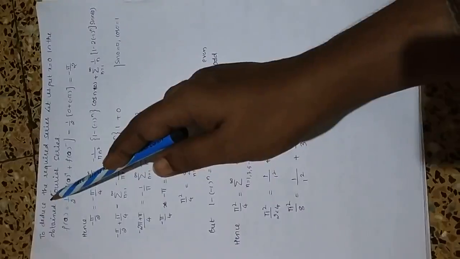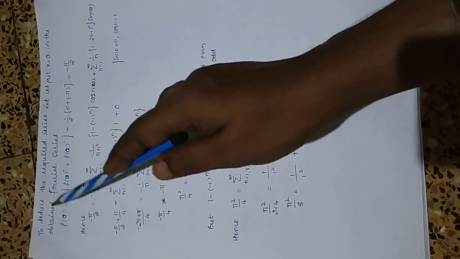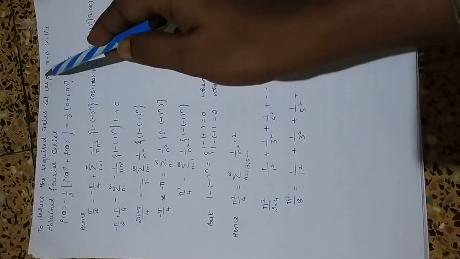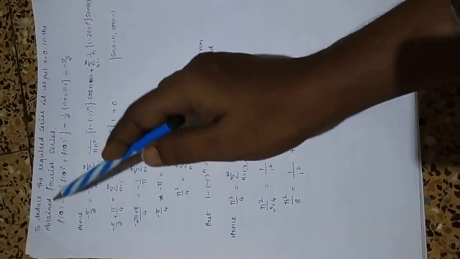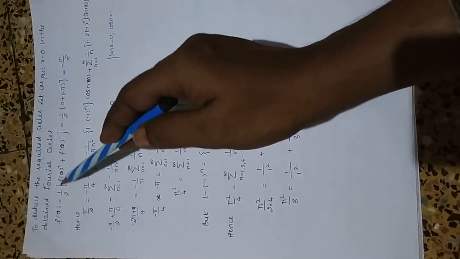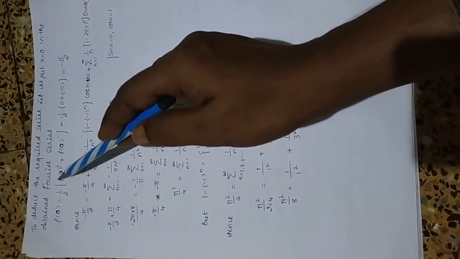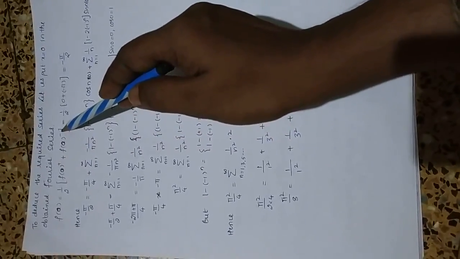To deduce the required series, let us put x equals 0 in the obtained Fourier series. That is, f of 0 equals 1 by 2 into bracket f(0+) plus f(0-).